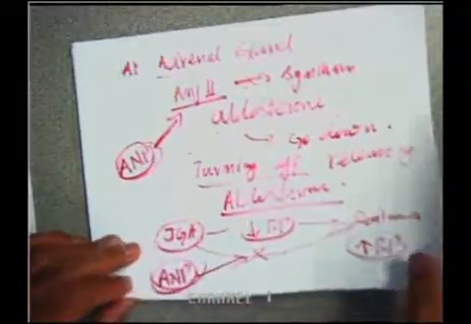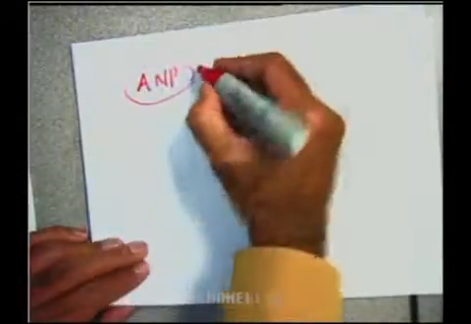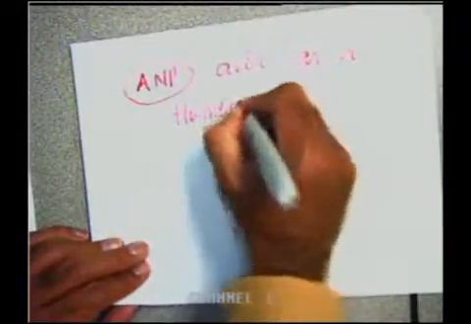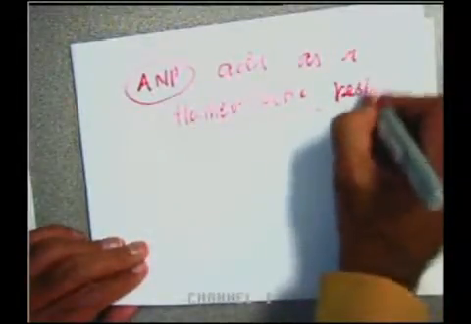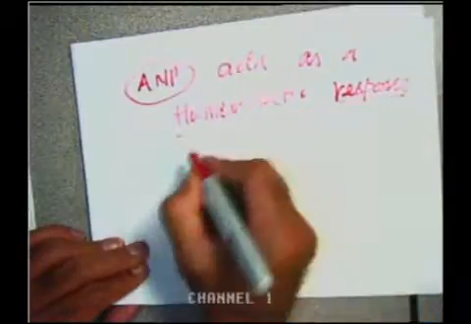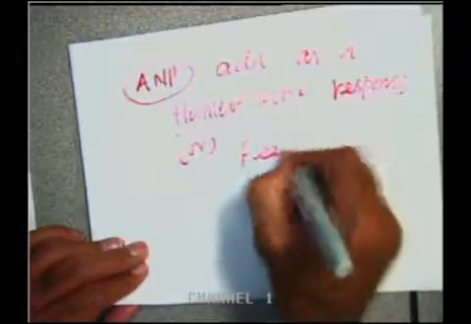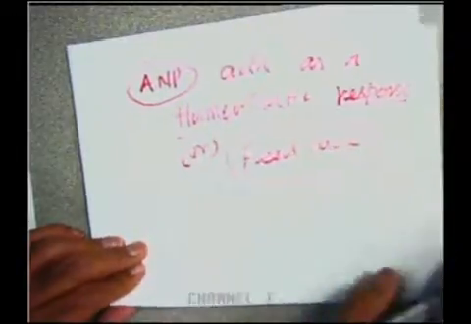The ANP will maintain the homeostasis when there is an increase in blood pressure. So ANP acts as a homeostatic response, because it's maintaining an equilibrium. Homeostatic response, that's very important. We can also call it a feedback inhibition mechanism of blood pressure.